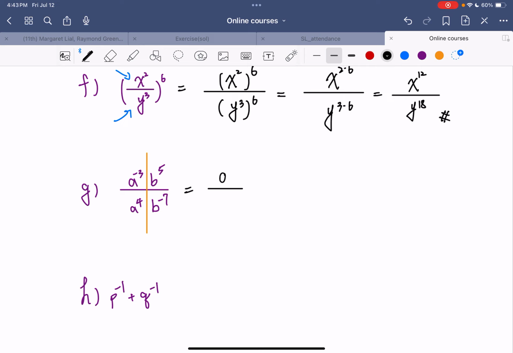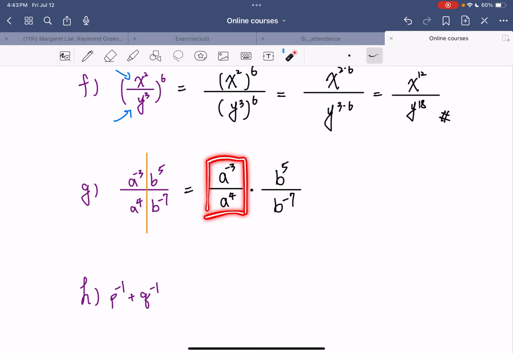Here we got -3, a with power of 4, and then we use a multiplication sign to connect them, b with power of 5 and b with power of -7. So now we can treat it as 2 different elements. One is this term, one is this term. But remember, they are connected to each other by multiplication.